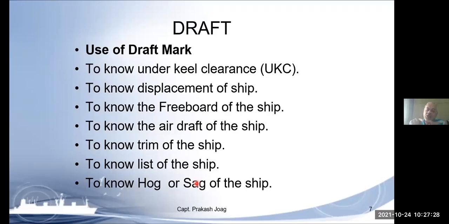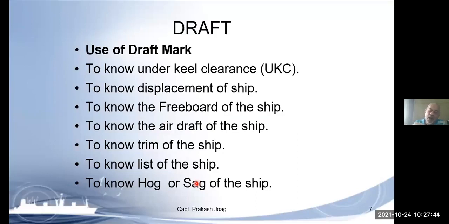When this portion is coming up, it is called hog. And in case only the center part is pressed down more and both ends do not have much weight, then the center part will go down. It is called sagging.